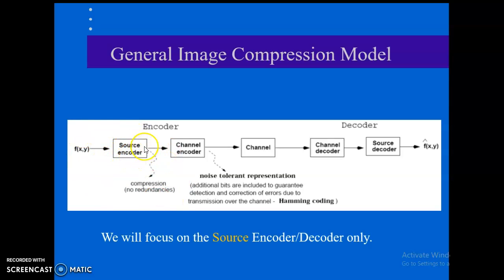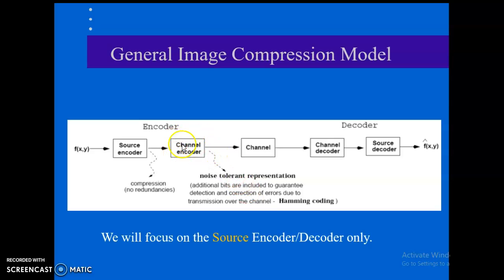The source encoder output is given to the channel encoder, which produces a noise tolerant representation. Additional bits, such as in a Hamming code, are included to guarantee detection and correction of errors due to transmission over the channel.